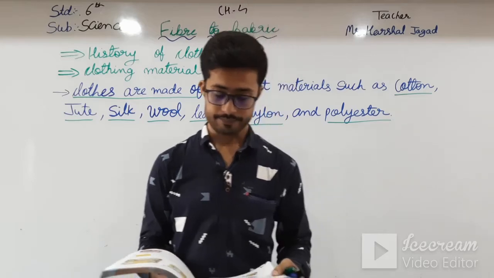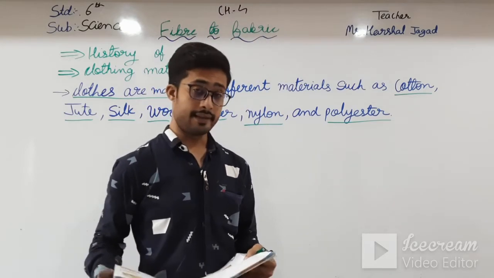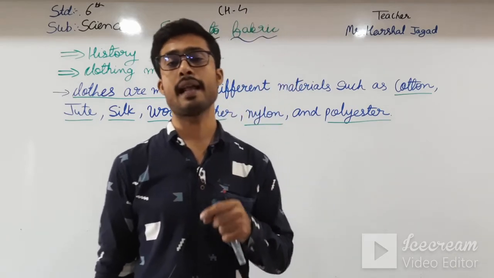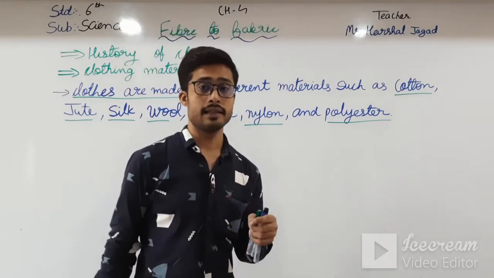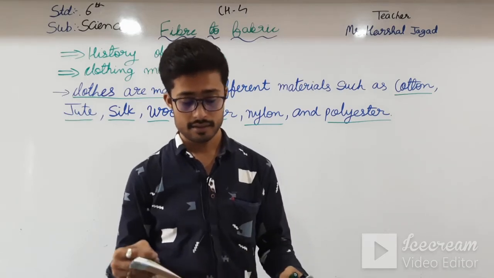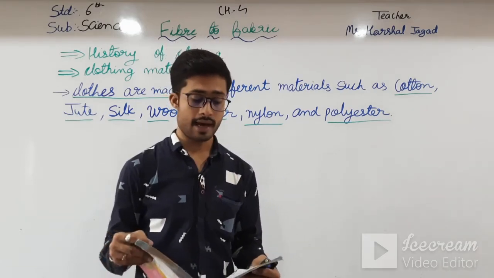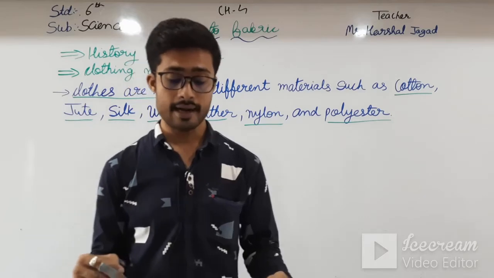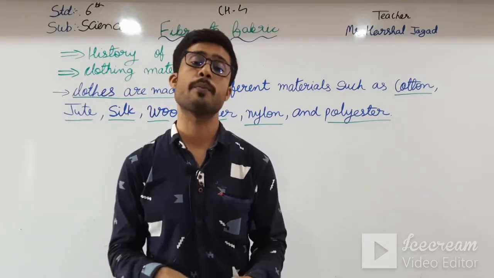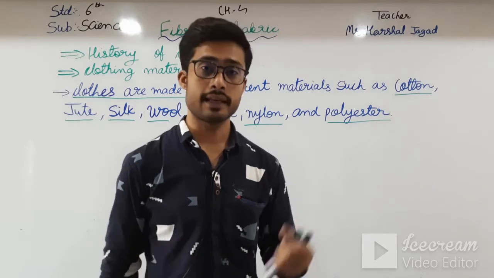Okay students, so natural as well as synthetic fibers are there. See here, the cotton and jute are got from plants and from animals such as wool and silk, and leather is prepared from animal skin.